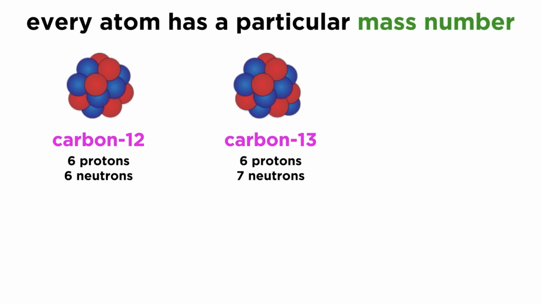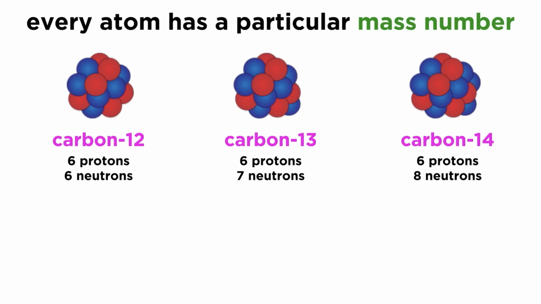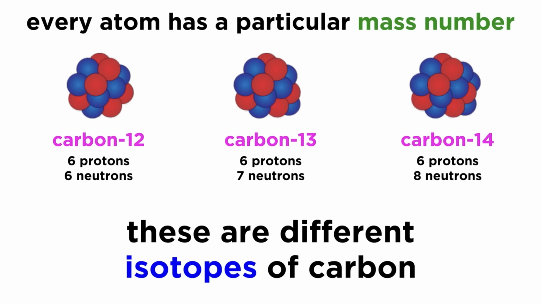But it can also have 7 neutrons for a mass number of 13, or 8 neutrons for a mass number of 14. Atoms of a given element with different numbers of neutrons are called isotopes of that element. So carbon atoms will always have 6 protons, but different isotopes of carbon can have 6, 7, or 8 neutrons, which correspond to different mass numbers.